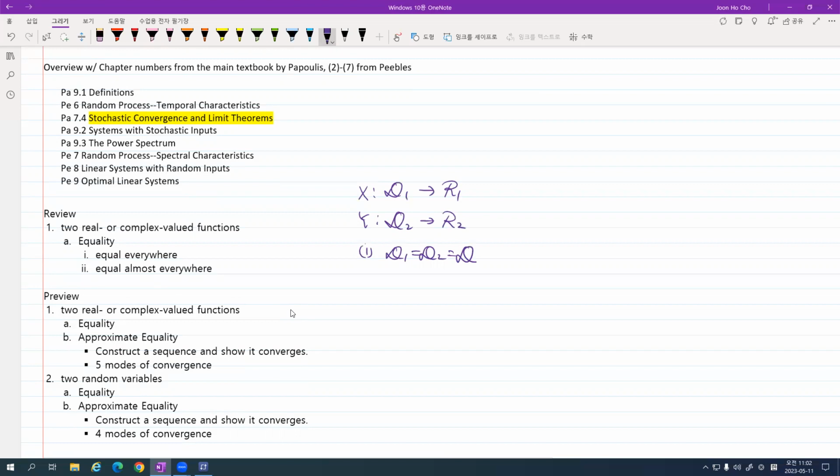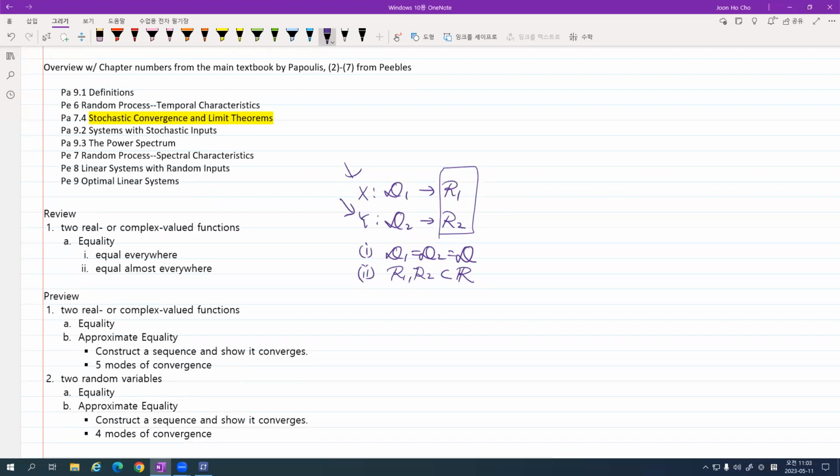Second, of course, the ranges must be in some same superset. In this case, we assume they are subsets of the real set. That's why we call the functions x and y real functions. Here, real functions means real valued functions, which means range 1 and range 2 are subsets of the real set.